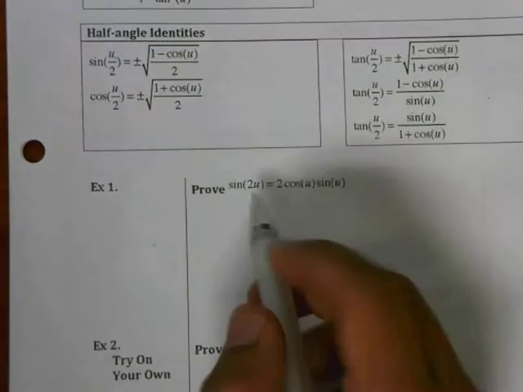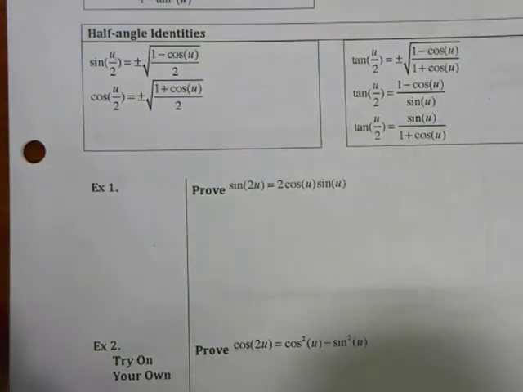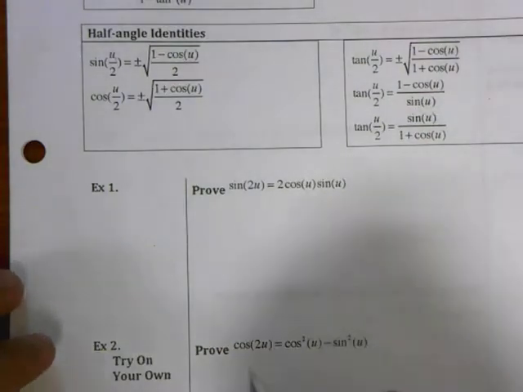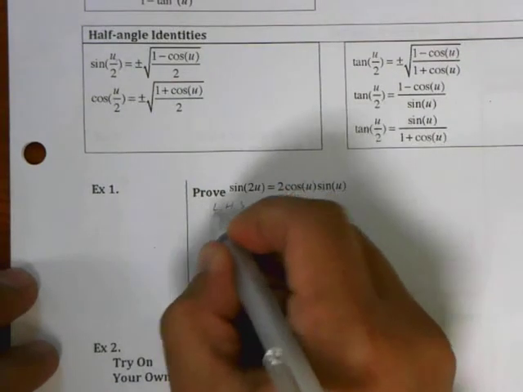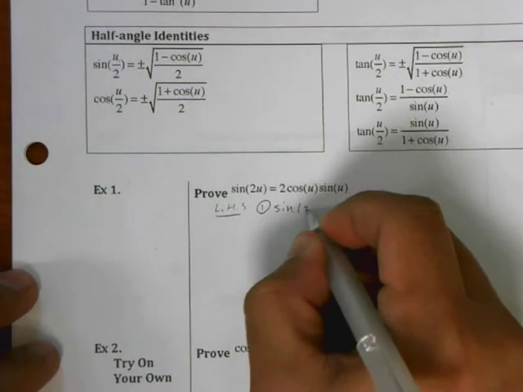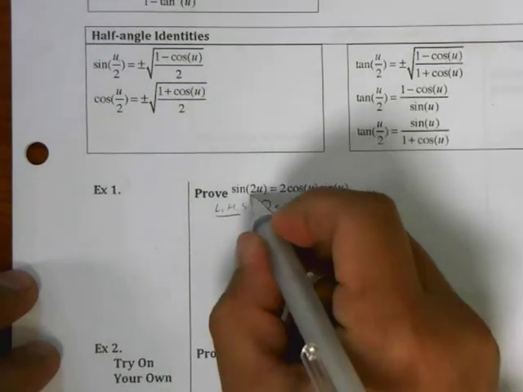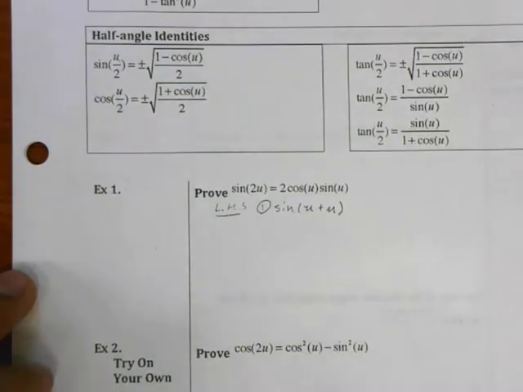So we're going to prove the sine of a double angle identity. And I'm going to rely on sine of a sum to do this one. So I'm going to start with the left-hand side, and I'm going to rewrite this using sine of a sum. So instead of sine of 2u, it's just going to be sine of u plus u. Okay?